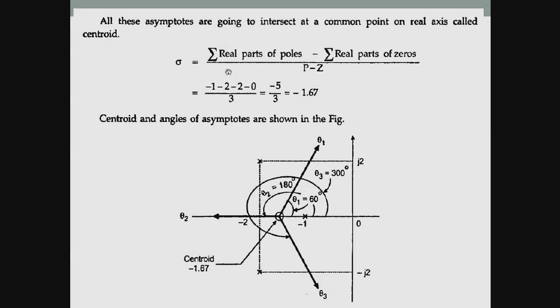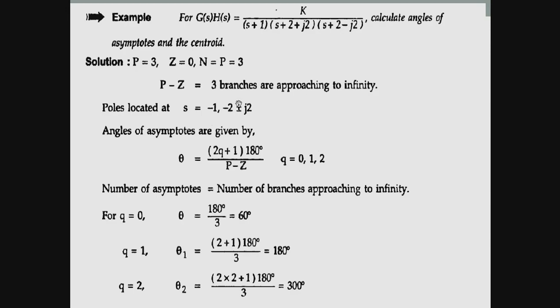Its centroid is calculated by the sum of real parts of the poles minus the real parts of the zeros, divided by p minus z.